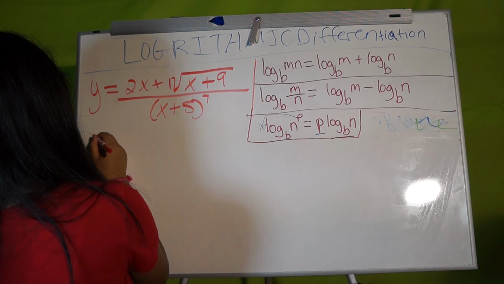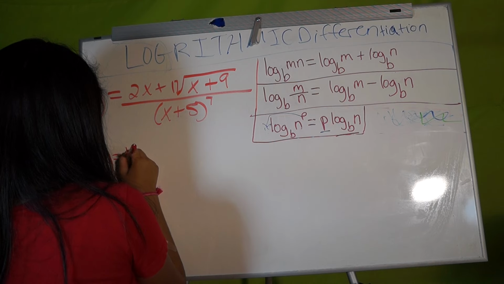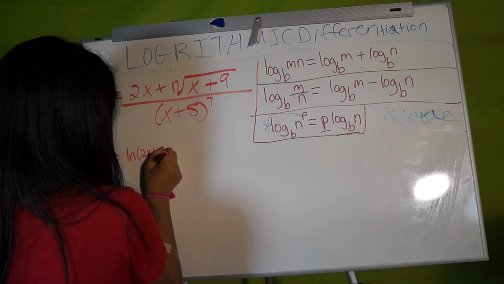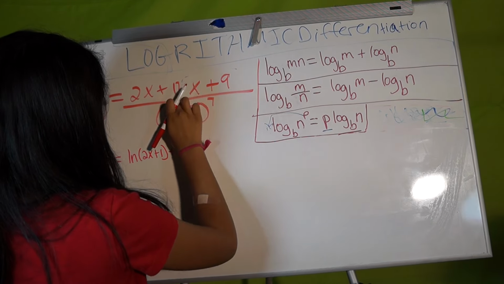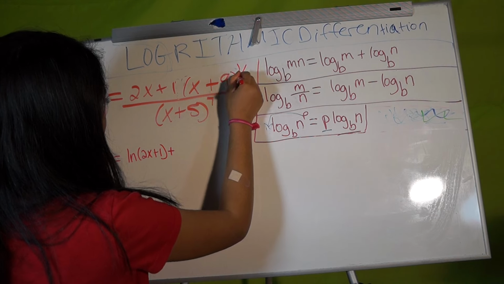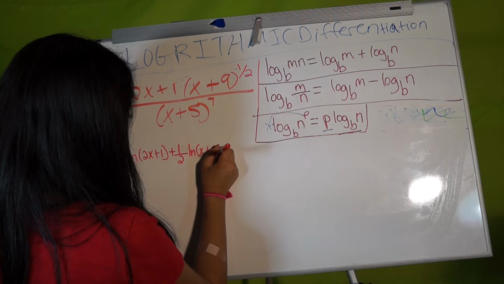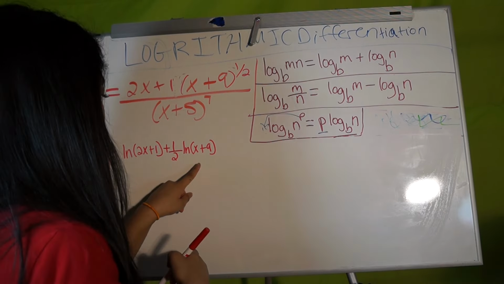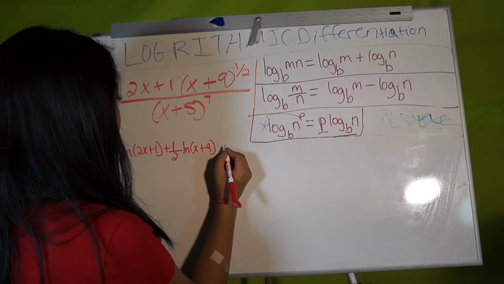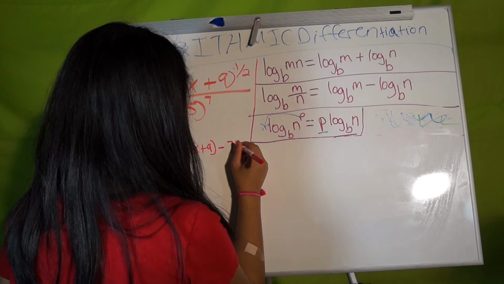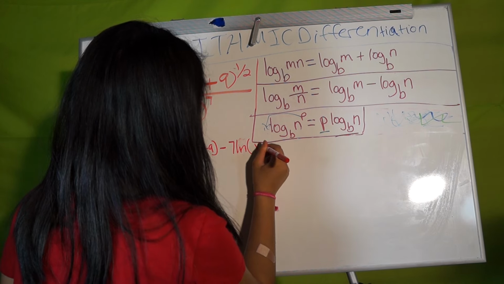All right, so we're going to take the ln of both sides. So we'll have ln of y equals ln of 2x plus 1, plus, we can change this square root to a 1/2, so it'll be 1/2 ln of x plus 9, because since we're applying ln to both sides, this gets involved, and then minus 7 ln of x plus 5.